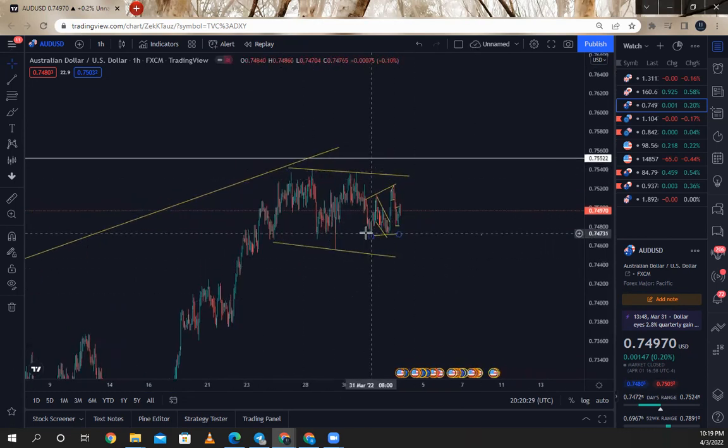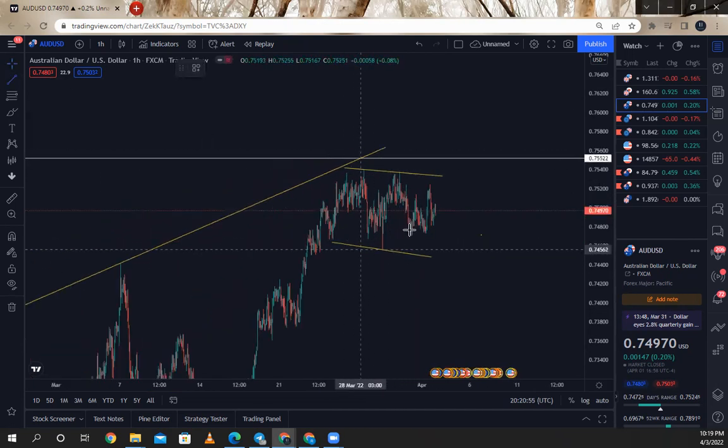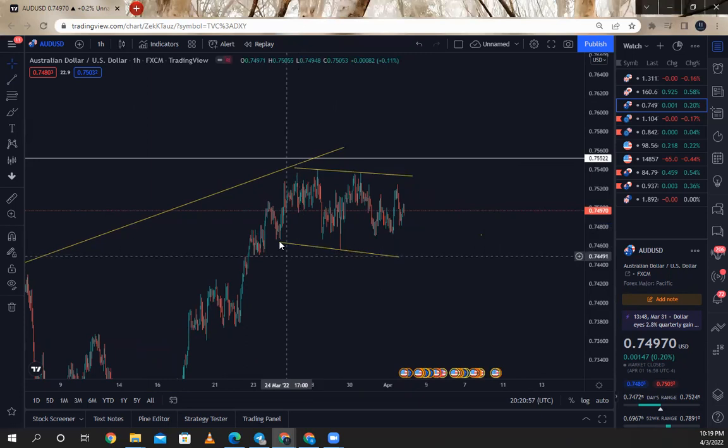So this is what I have there on this structure. Then I'll remove this, because my bias is still to the downside. So I'm going to remove this, and then I'm going to find a structure if we have one inside.